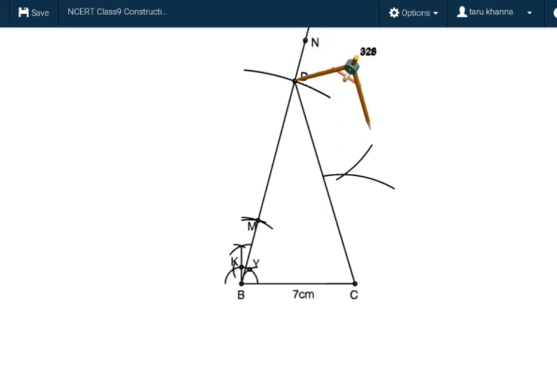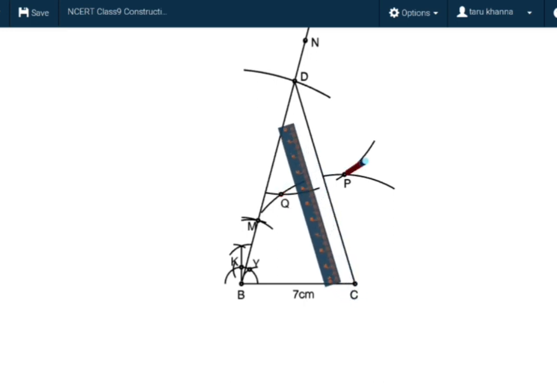So on drawing perpendicular bisector, we should keep in mind that the arcs that we are drawing from D and C to intersect each other are only possible if we take the radius more than half of DC. So we have these two arcs point of intersection as P, and the other one is Q. So PQ is the perpendicular bisector of DC.